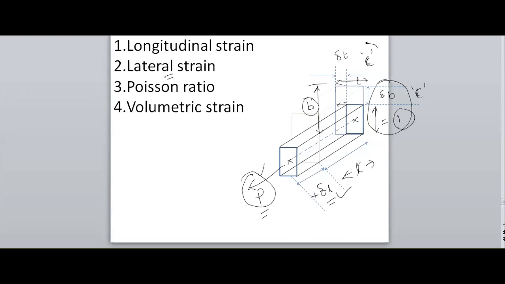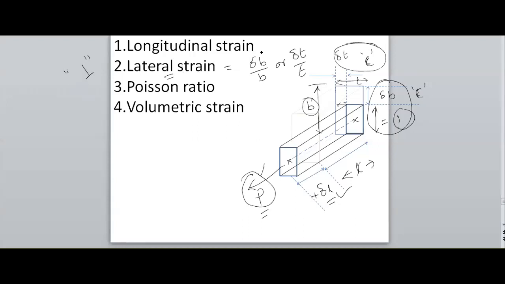Both are lateral here. Therefore, lateral strain is nothing but delta B by B or delta T by T. That is, lateral is nothing but the direction perpendicular to the action of load. We'll call it the lateral direction.